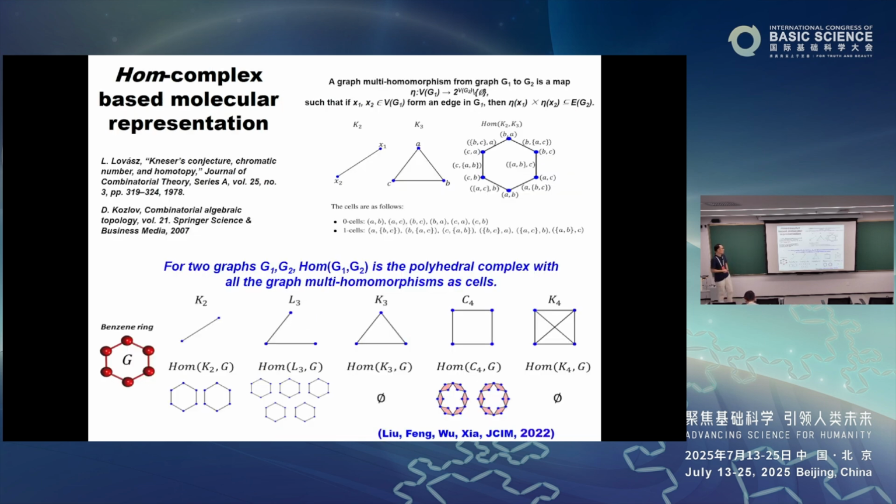Other than that, we can also check the Hom complex. It's also a tool that Lovász used to study these conjectures. So the idea is roughly like this. I want to study a certain graph G. What I can do is find all these kinds of motif or subgraph structures, and then use them to work on these structures.